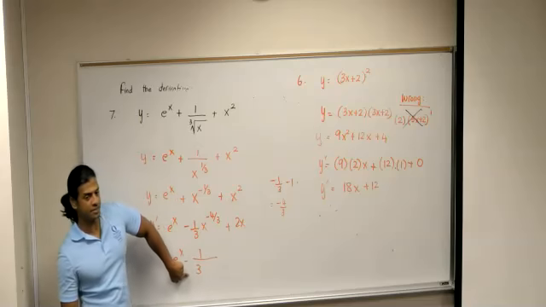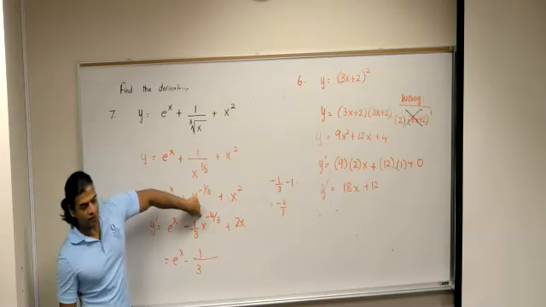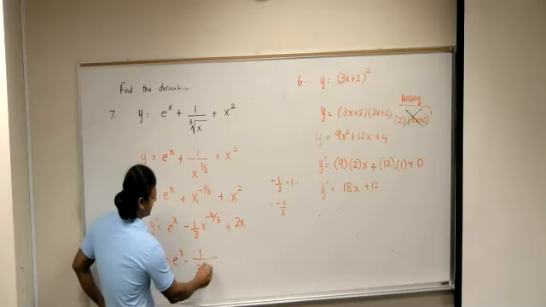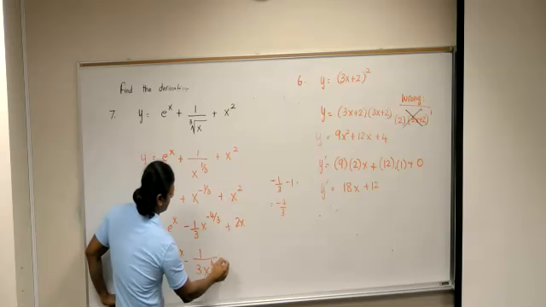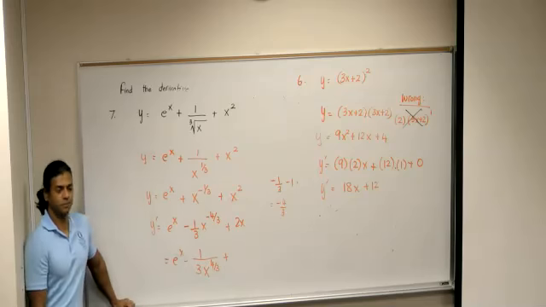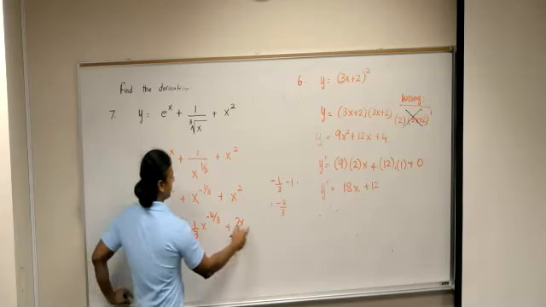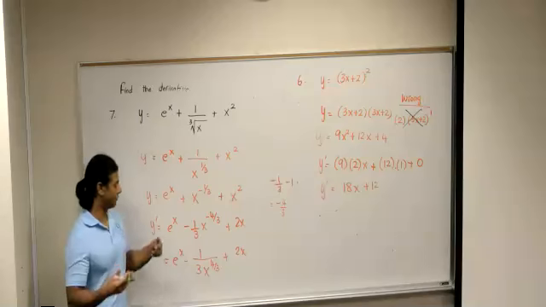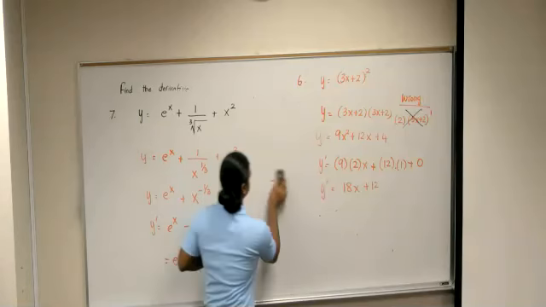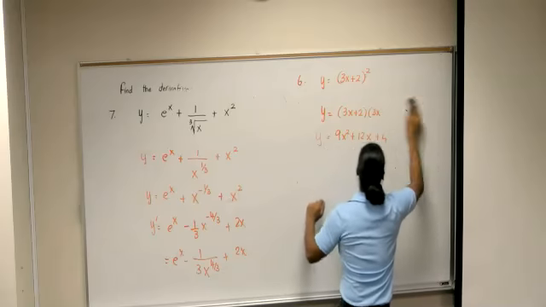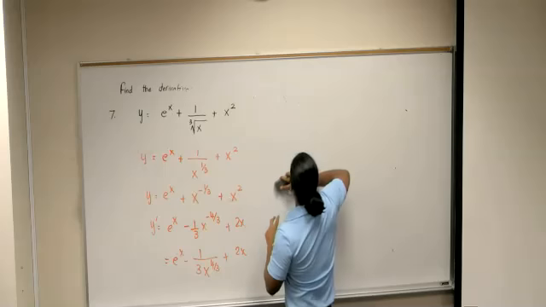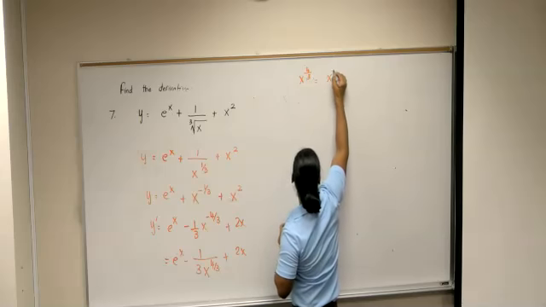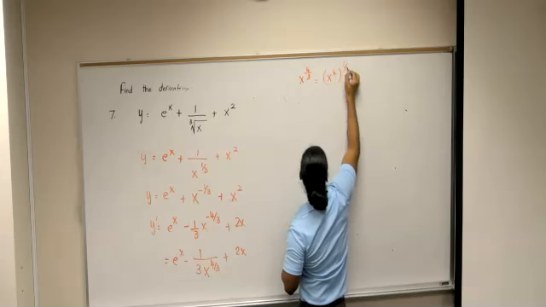The 3 is in the denominator. I can move x raised to negative 4/3 from the numerator to the denominator. It would become x raised to positive 4/3 plus 2x. We can rewrite that in terms of a radical. x raised to 4/3 is simply x raised to 4, raised to 1/3.